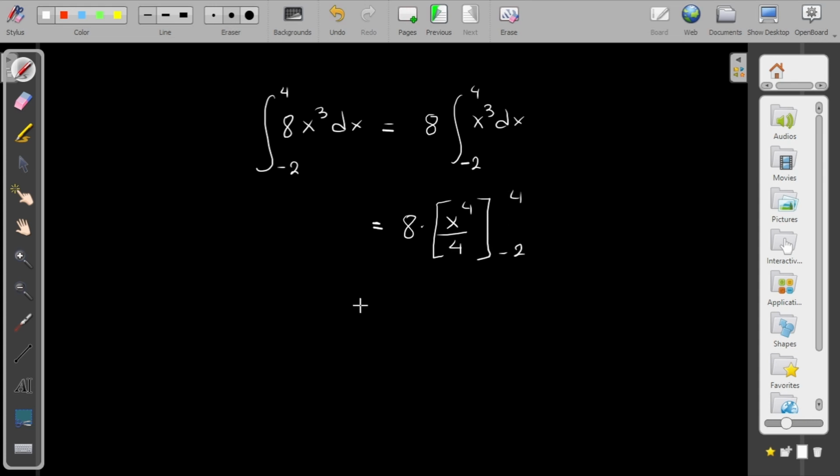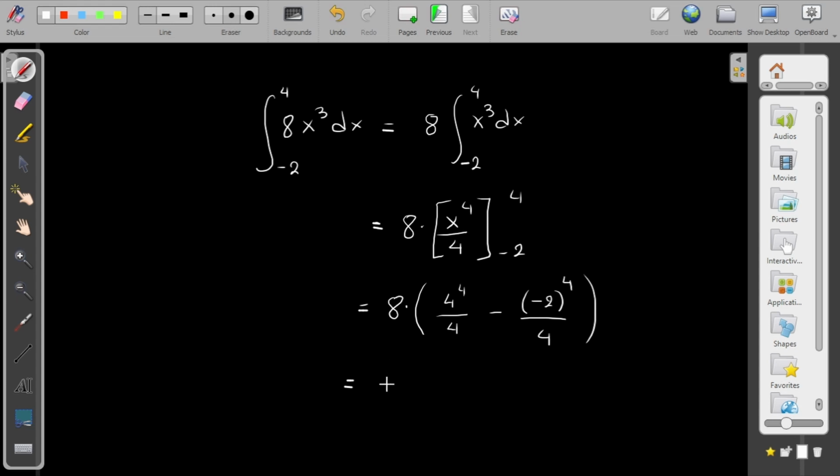Be careful now here. 8 times, now I will open a bracket and then I will substitute, so it is 4 to the power of 4 over 4 minus 2 to the power of 4 over 4.